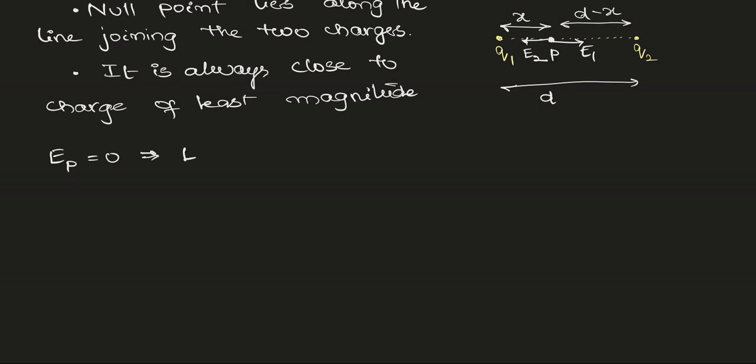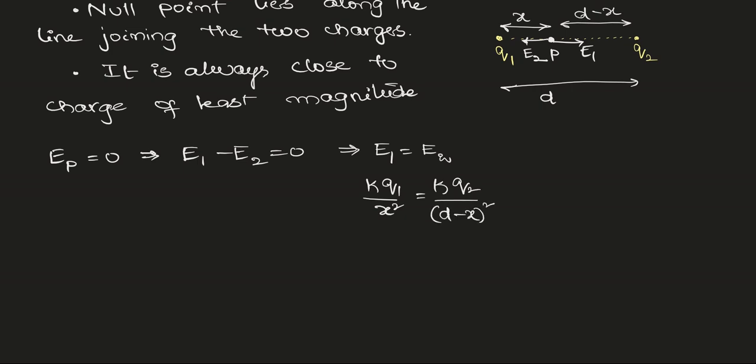That implies E1 minus E2 will be equal to 0, or E1 will be equal to E2. E1 is nothing but 1 by 4 pi epsilon naught, I can write K Q1 by x square, that will be equal to K Q2 by (d minus x) whole square.